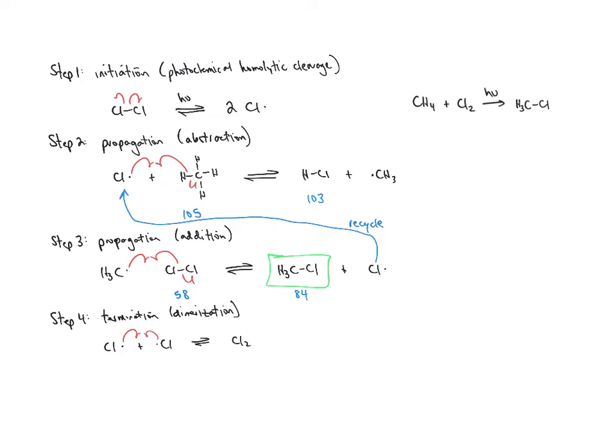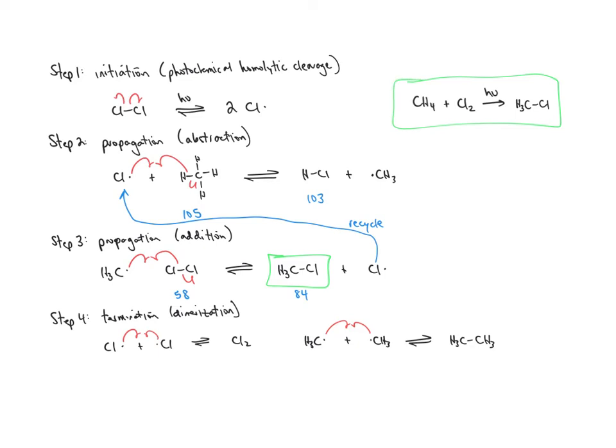Or let's say we have two methyl radicals coming together to give us ethane. Doesn't matter which ones you choose. Remember, these are inconsequential because they happen in such low concentrations that it's not going to have an impact on the overall yield of the reaction.